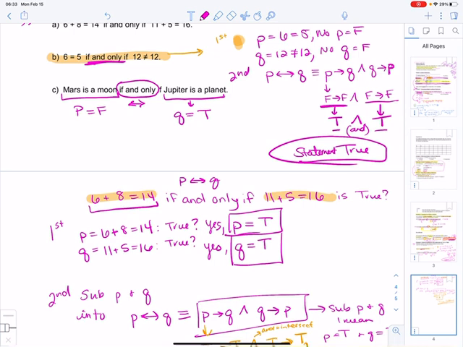And then we know that this is if and only if, so we are going to plug our P and Q into this statement. So P is false, and it goes to true. Q is true, and it goes to false.